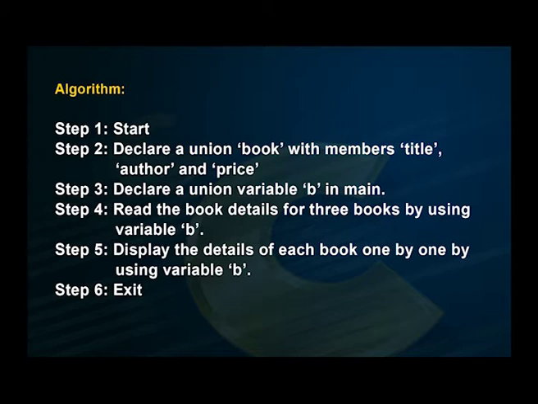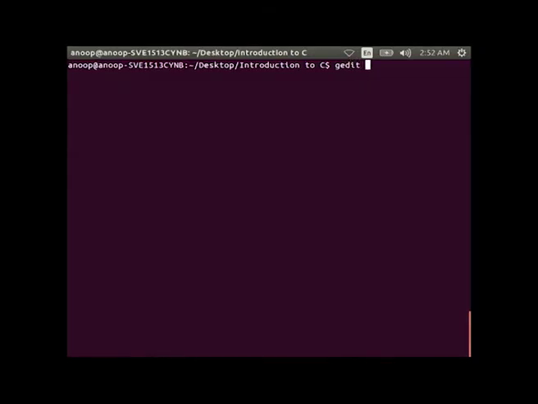Step 3, declare a union variable B in main. Step 4, read the book details for 3 books by using variable B. Step 5, display the details of each book one by one by using variable B. Step 6, exit. Now, you can enter the program.